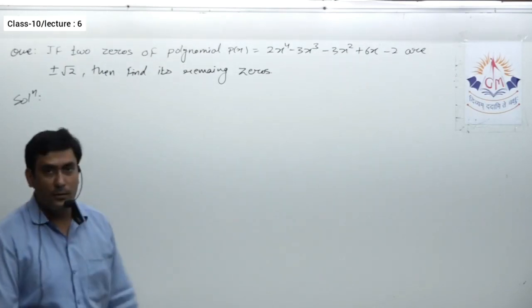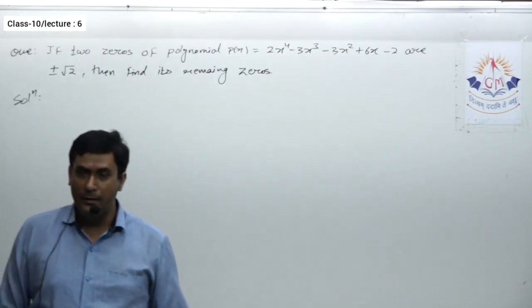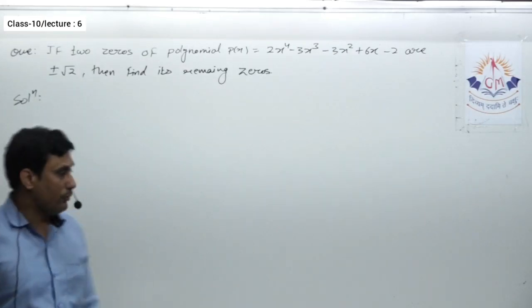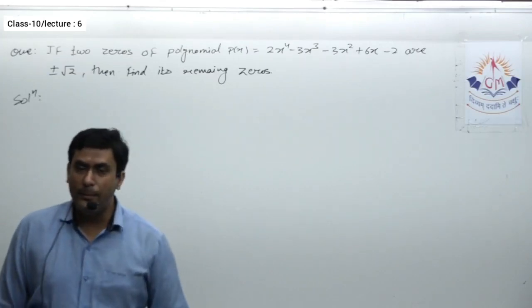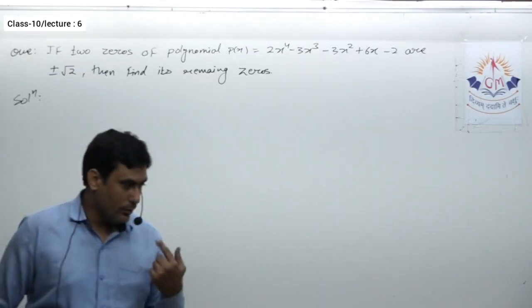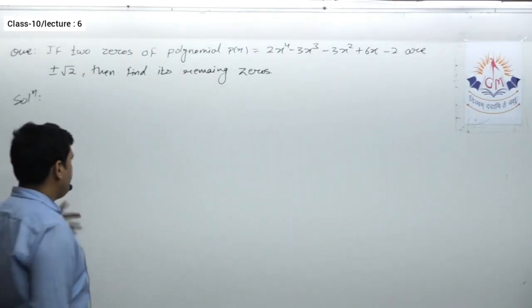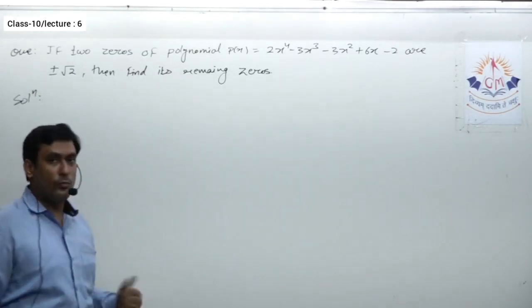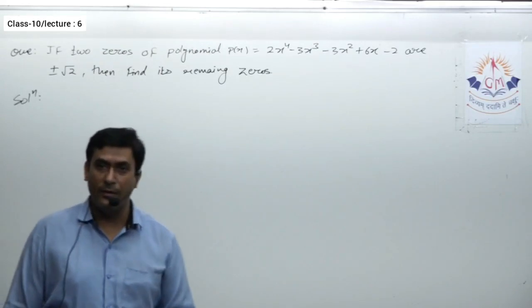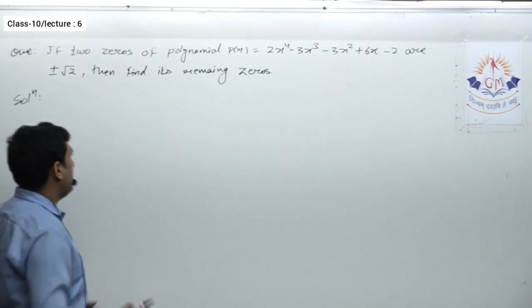As it's a biquadratic polynomial, it may have a maximum of 4 zeros. Two zeros are given, we have to find the remaining zeros. If both remaining zeros are real, we can get two more zeros, and if they are the same, we'll say one zero. So in short, we have to find the remaining zeros.